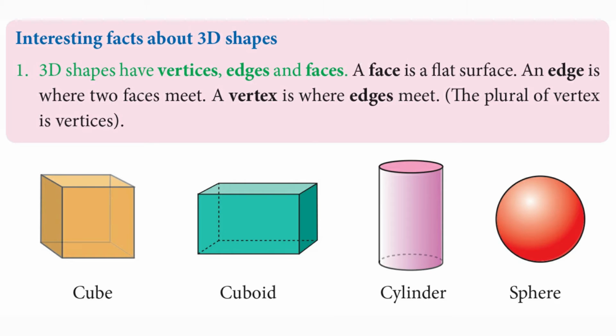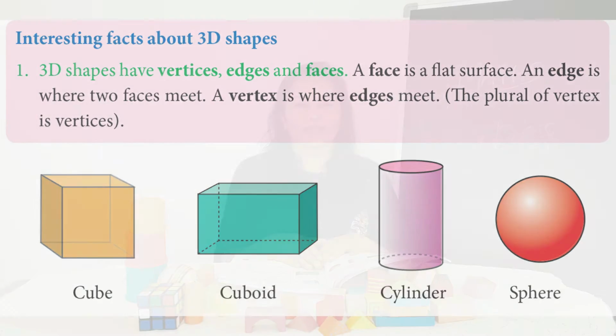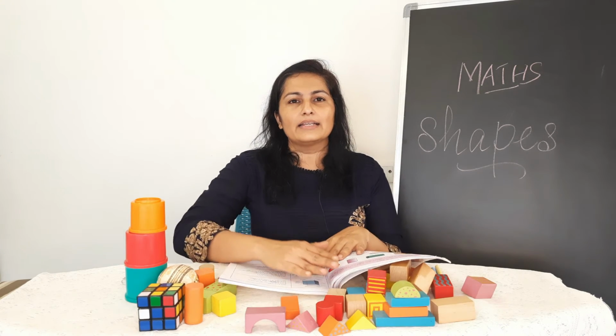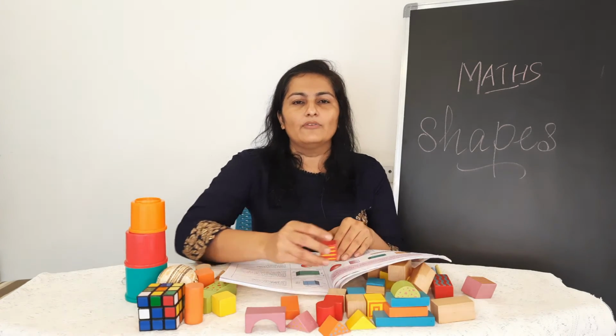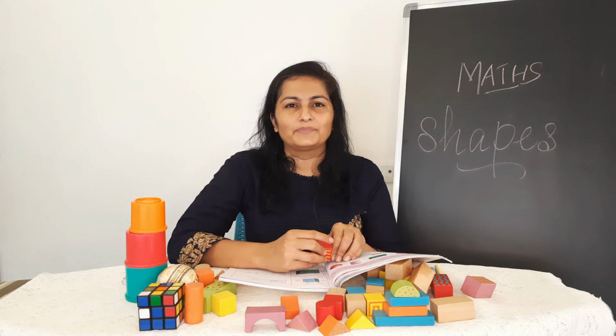The last new term we learnt is vertices. Now vertices is plural, vertex is singular. So vertex is where 2 edges join. Now we can see the example with the help of these blocks.